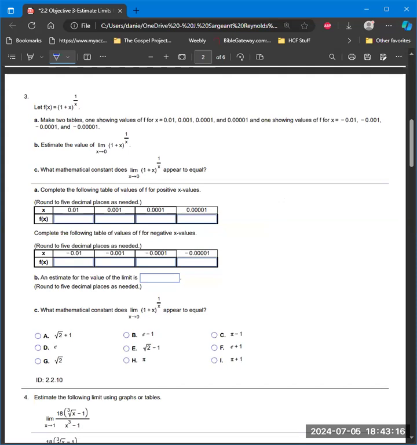And this is going to be, again, use your calculator for this. You're not going to be able to do this analytically yet. So this is going to be 2.70481. We're going to go out to 5 decimal places here.